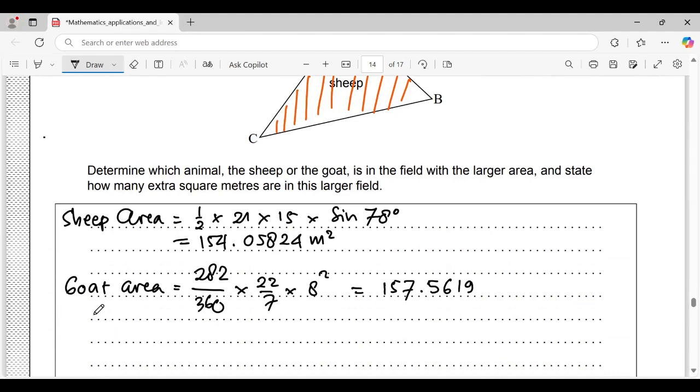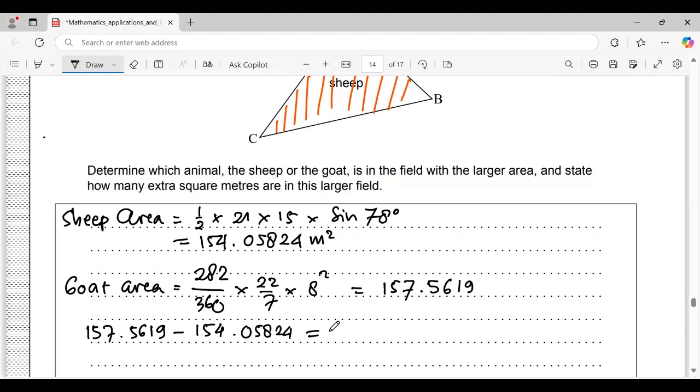Now, let's define which area is larger. This area is larger. So the ghost area is larger than the sheep area. I'm going to find the area larger.